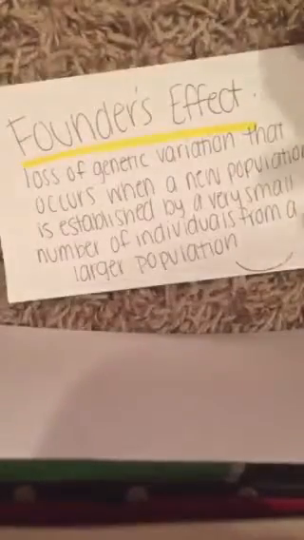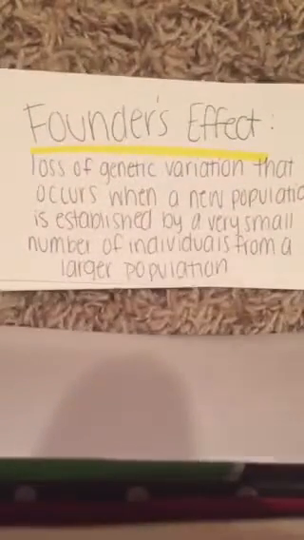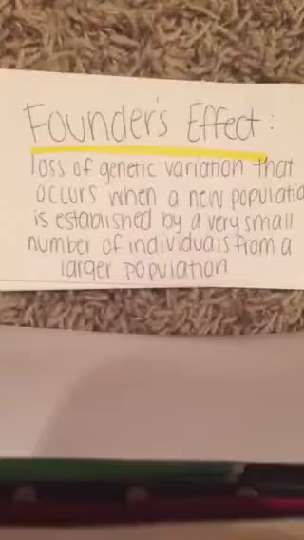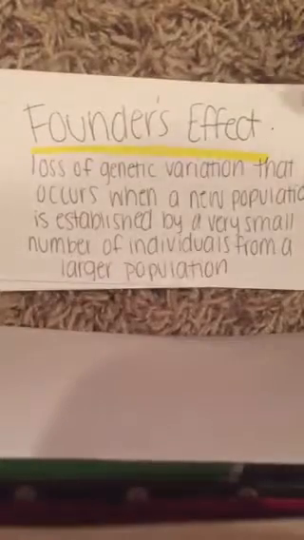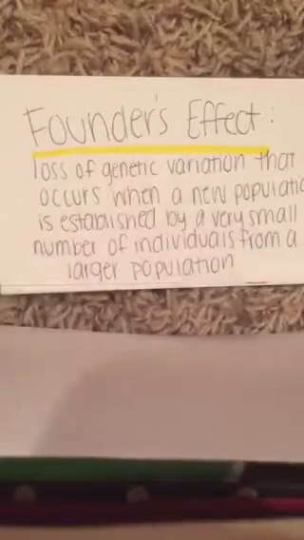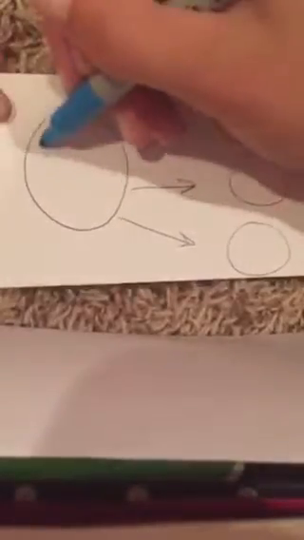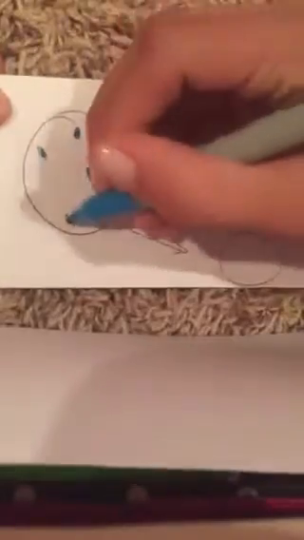Then we have the founder effect, which is a loss of genetic variation that occurs when a new population is established by a very small number of individuals from a larger population. Here's a diagram that I'll explain on how that works. Say these are two different species, the orange and the blue dots.